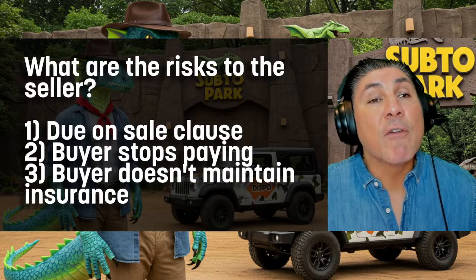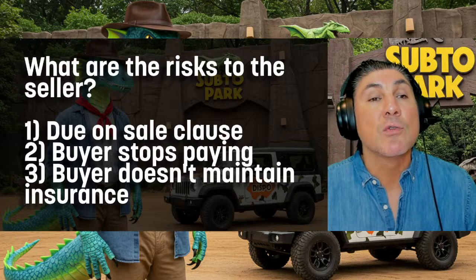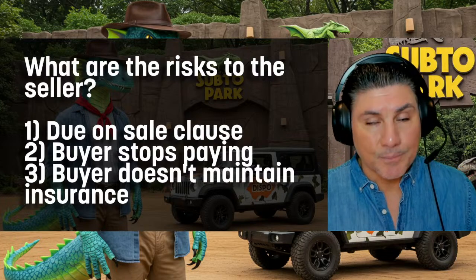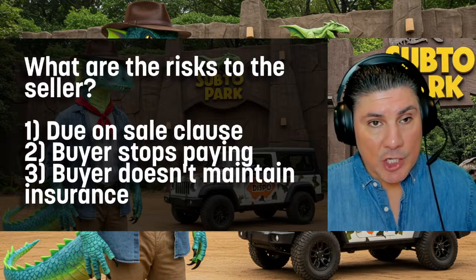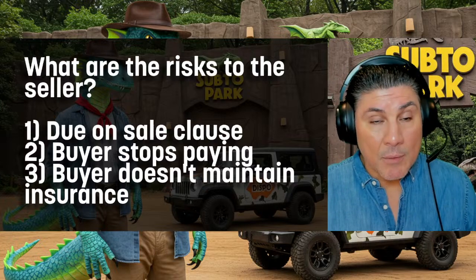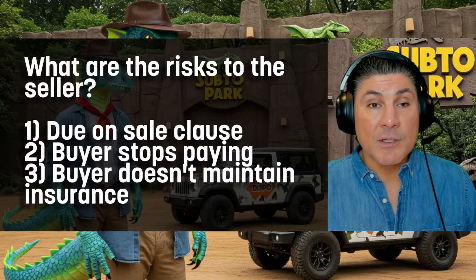Every mortgage that is created, when someone buys a home, there is a due on sale clause in the mortgage. Now, what does that mean? That means that any time there is a change in title, the bank could call the loan due. But here's the caveat.